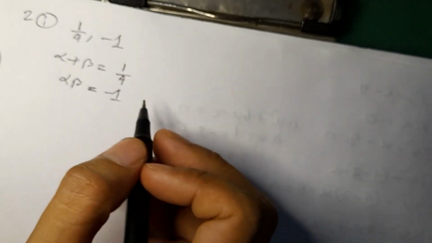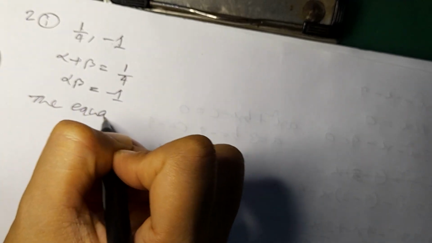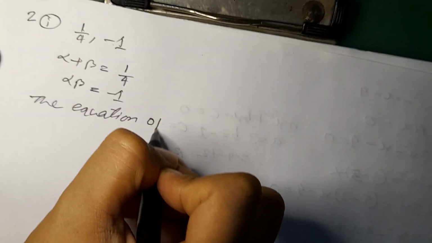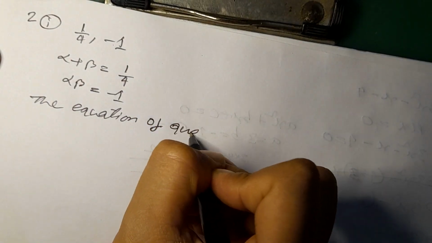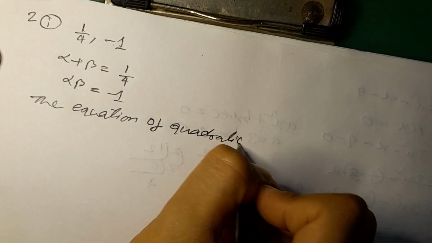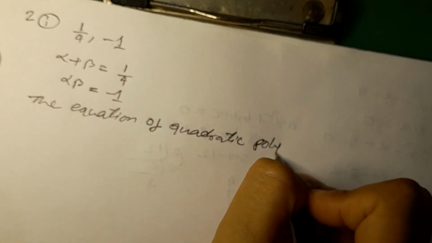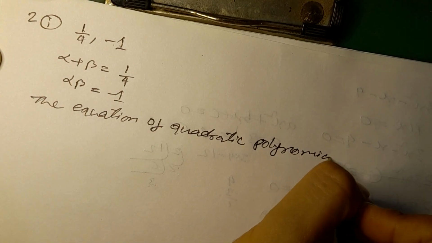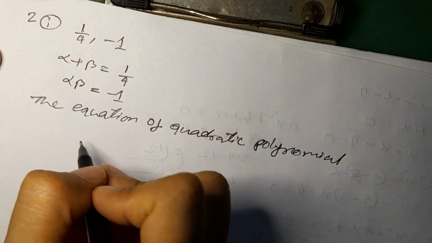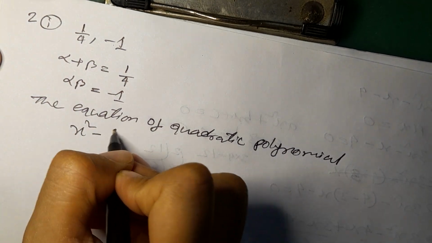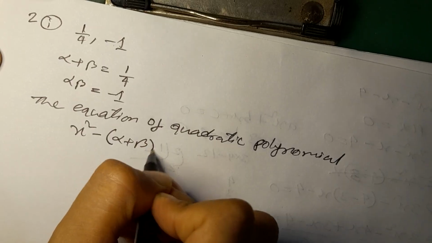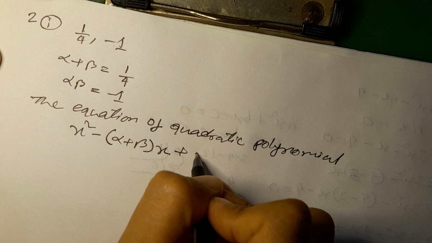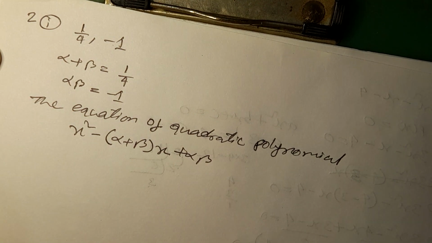The equation of a quadratic polynomial is x square minus bracket alpha plus beta x plus alpha into beta. This is the equation.